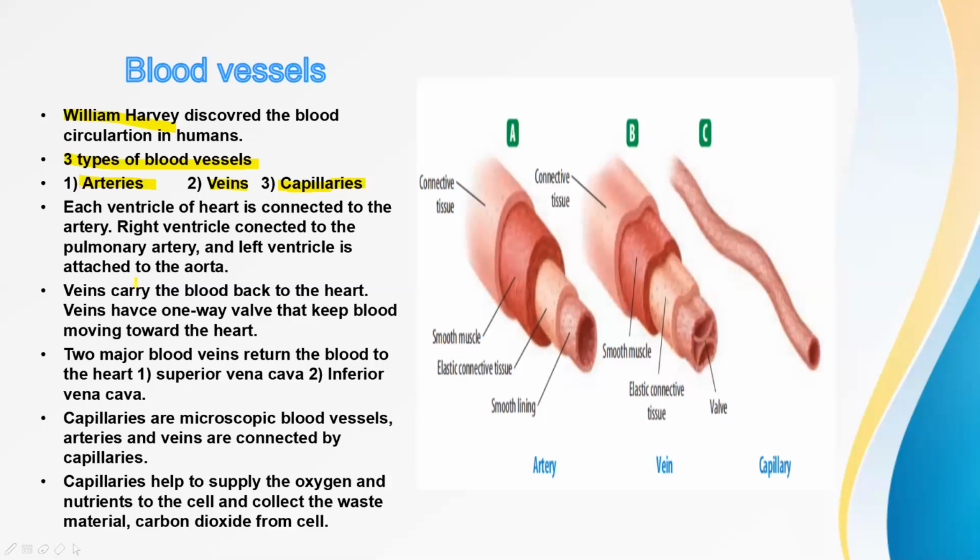There, the cells use this oxygen and release carbon dioxide. Again, this carbon dioxide is collected by the blood. Now the blood enters a different type of capillaries which are connected to the veins. Veins are the other type of blood vessels which always carry deoxygenated, oxygen-poor blood.